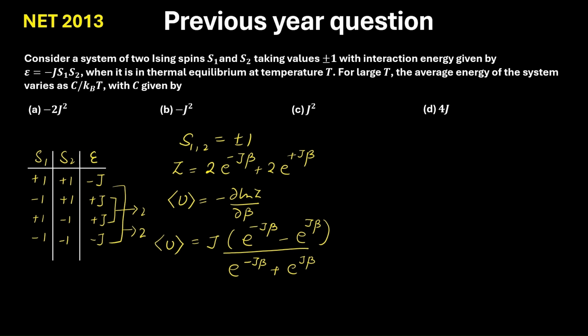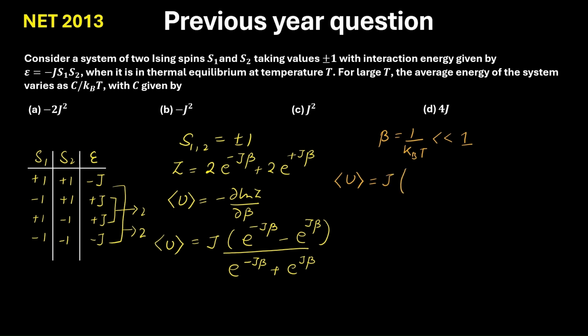Now we are asked at the high temperature limit. So beta is equal to 1 by kBT. So at high temperature limits, this one will be much less than 1. So we can write the exponential expansion. I'll consider the first two terms.